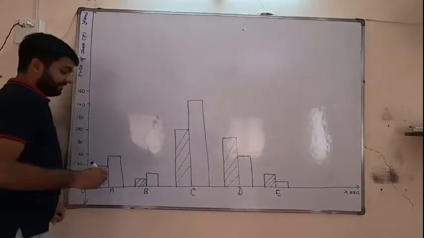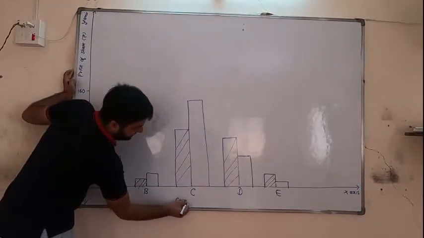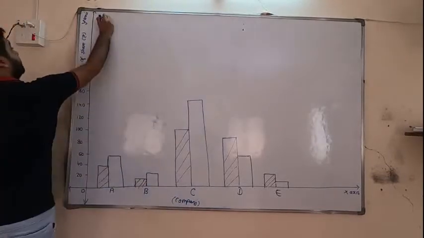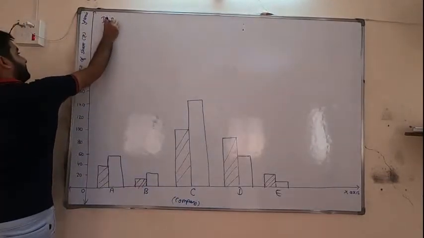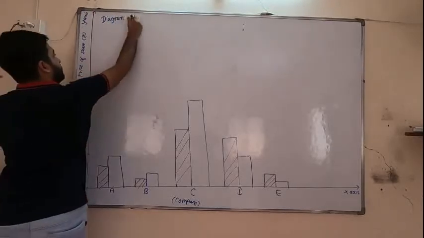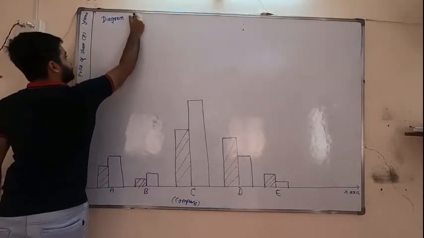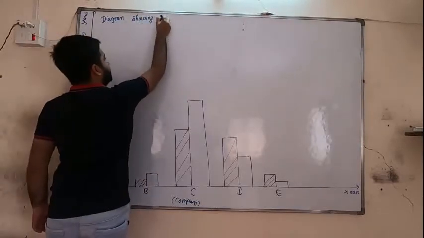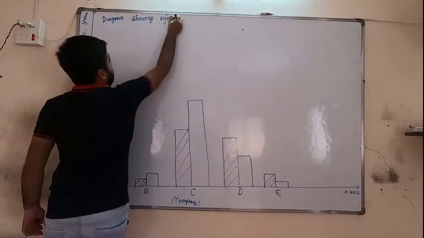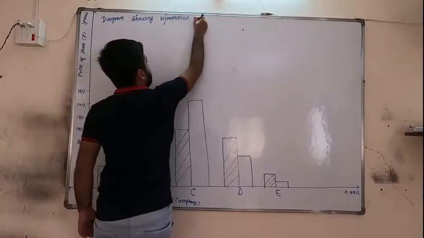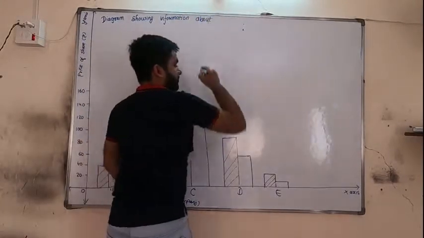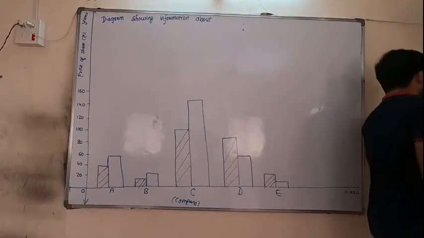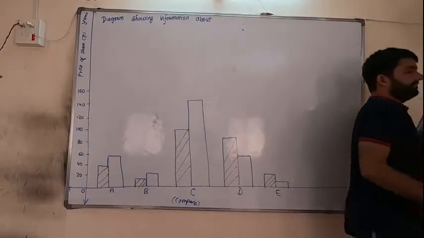How? First I am writing the heading and we should write here company. Now heading with pen. Diagram showing information about what? Changes in price of share.